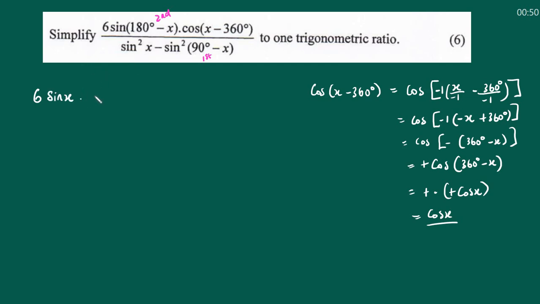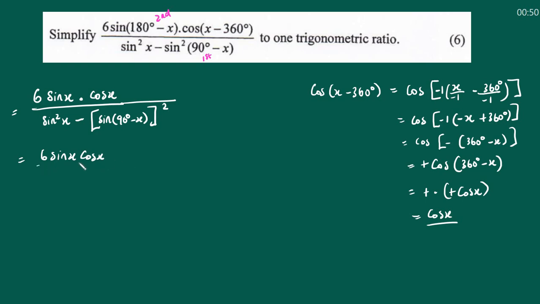This one we already reduced to cos x, and then we divide by sine squared x minus, now the bigger bracket, remember, it's going to be sine of 90 degrees minus x, then the bigger bracket, then we say squared outside. Then this will be 6 sine x cos x divided by sine squared x minus, now sine 90 minus x, right?